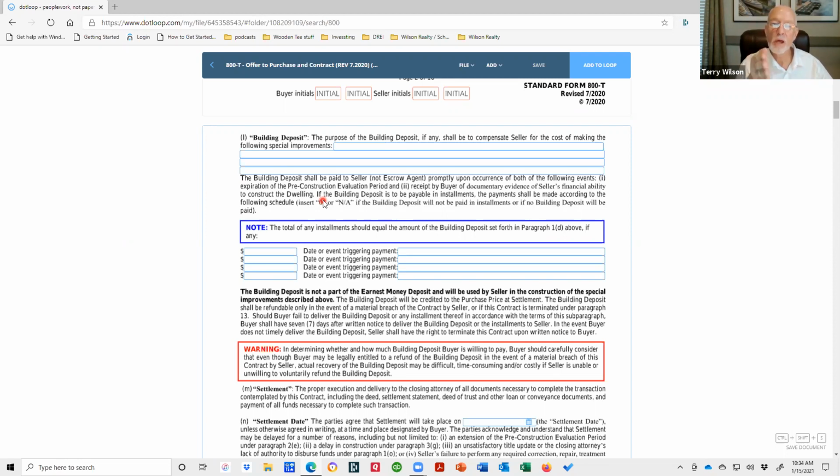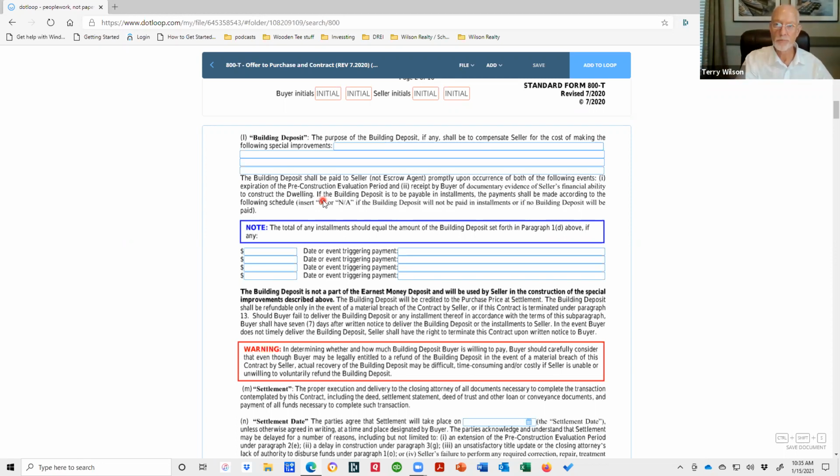So the builder will have to provide proof to the buyer, probably a bank letter, I would guess, that says that they have the financial wherewithal to be able to construct the property.